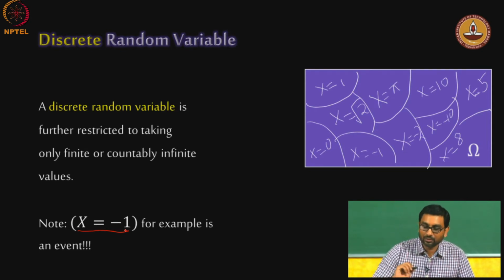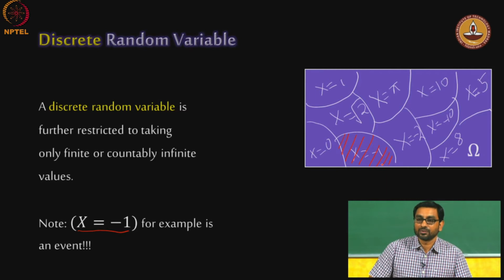Because when you say X equal to -1, you have isolated your attention to all those outcomes for which the function X leads to a value of -1. So, going back to our Venn diagram here, it is clear that it is an event. That is something important to keep in mind.